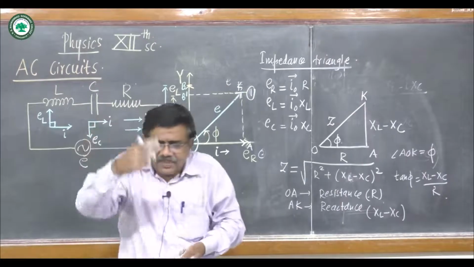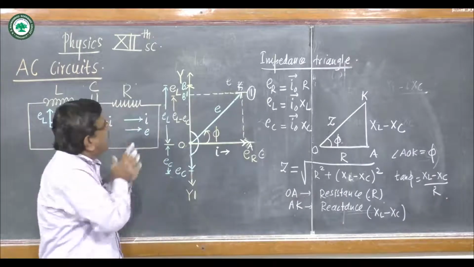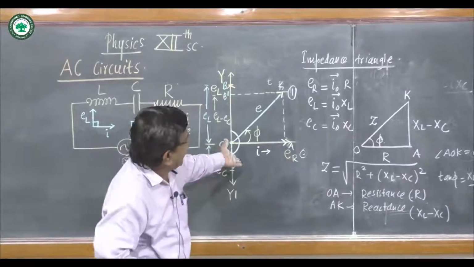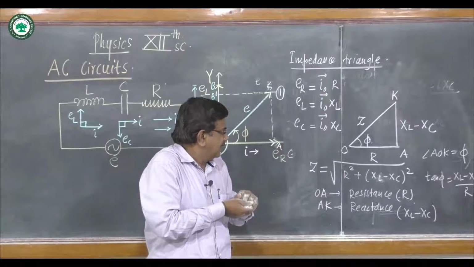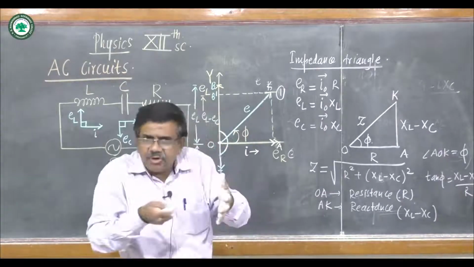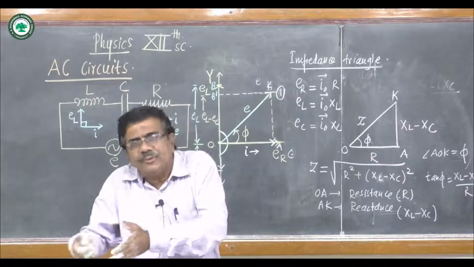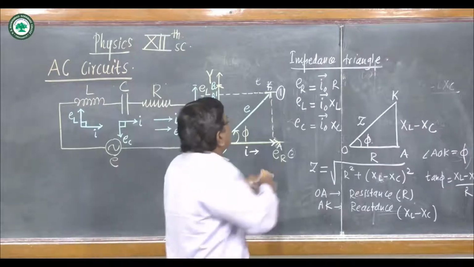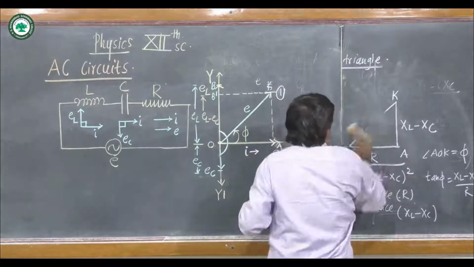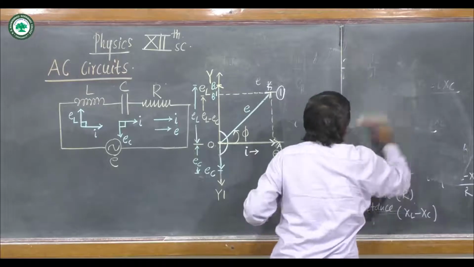Now there is one simple question based on this LCR series circuit. We know the phasor diagram. We also know the formula for the impedance, that is the total effective opposition by the inductor, capacitor and resistor to the flow of alternating current. One simple question for 2 marks may be asked.